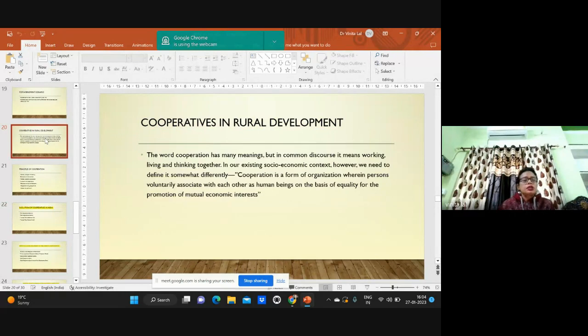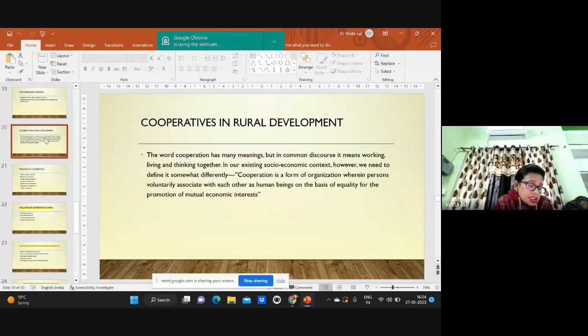Now come to the cooperative in rural development. Before going to this topic, I would like to tell you what a cooperative society in rural development is. A cooperative society is an organization formed to provide financial assistance to its members, and the members are responsible for raising capital to help those in need. It mainly protects the weaker sections within rural communities from exploitation by wealthy individuals and companies.